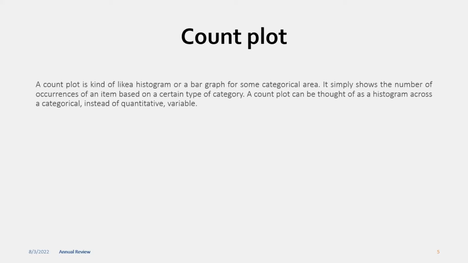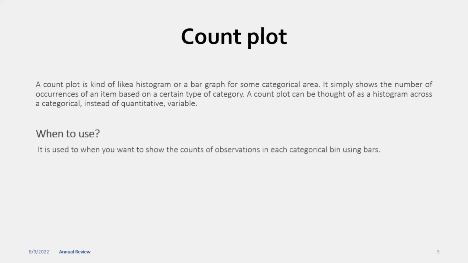A count plot can be thought of as a histogram across a categorical instead of quantitative variable. Now you might be thinking about when to use a count plot. It is used when you want to show the counts of observations in each categorical bin using bars.